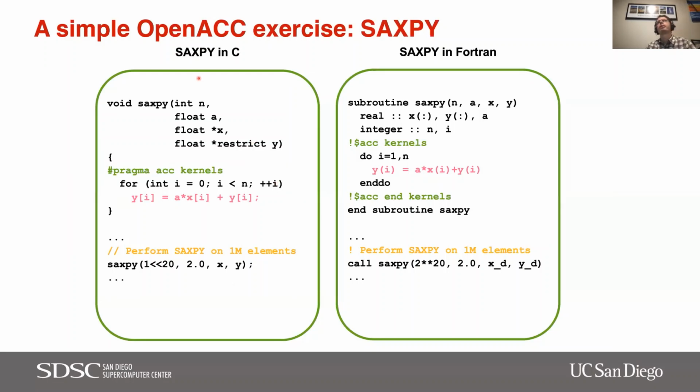And here's a simple example. So remember, we've been talking about vector addition and SAXPY, which is basically vector addition with some additional multiplication here of the scaling of one of the vectors. And if you were to implement that in serial, right, we have an example in Fortran on the right and in C on the left.